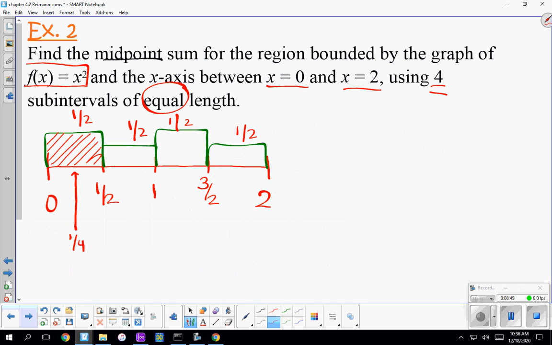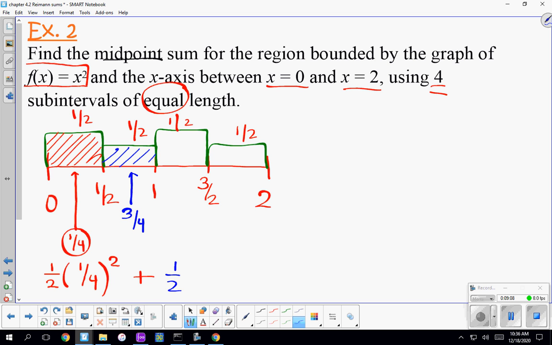So for this first red rectangle, it has a width of 1/2. And then I just have to take that midpoint and plug it into my function to determine the height. Okay? So for the next one, we'll call this guy the blue one. It also has a width of 1/2, but this time I'm going to plug in 3/4 because again, it wants me to use the midpoint of each interval to calculate the height.